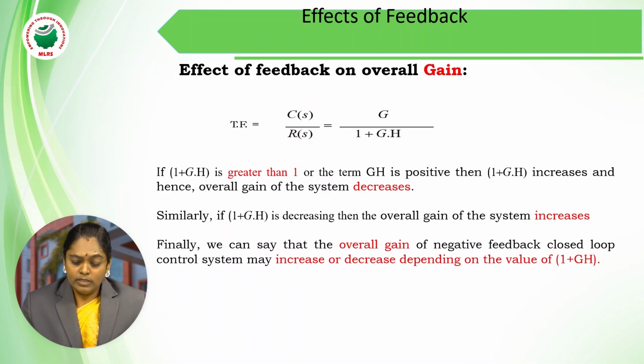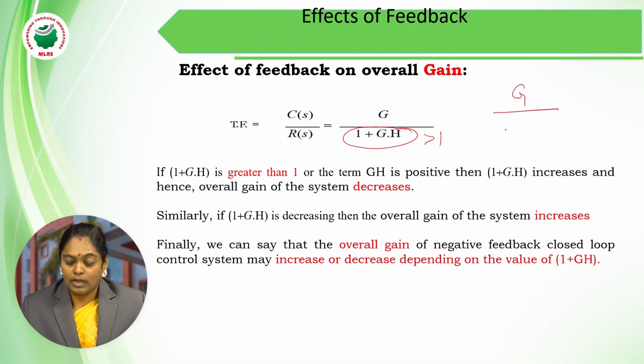This is the transfer function of a negative feedback control system. If the 1 plus GH parameter is greater than 1, let me take it as some value greater than 1.